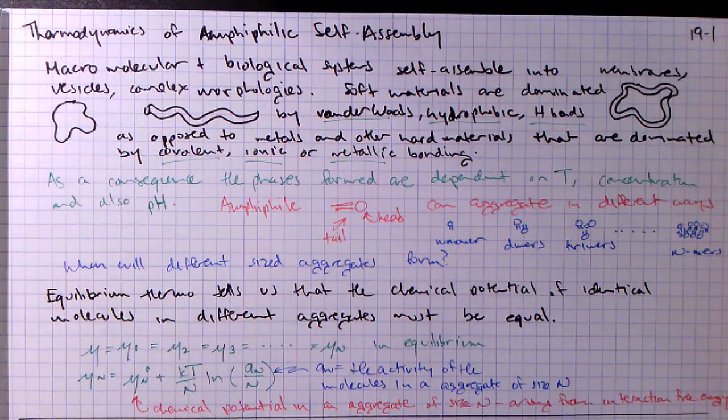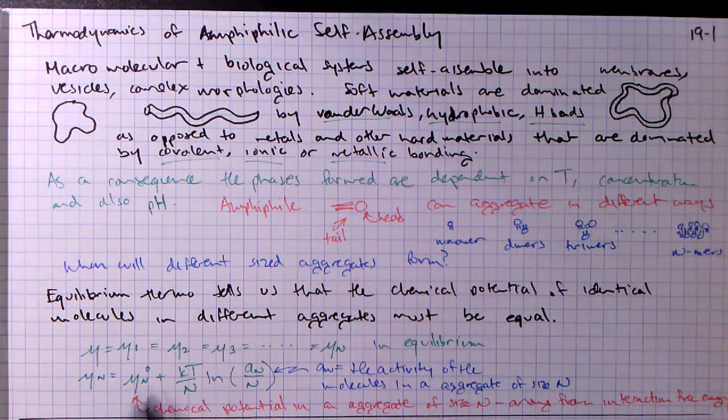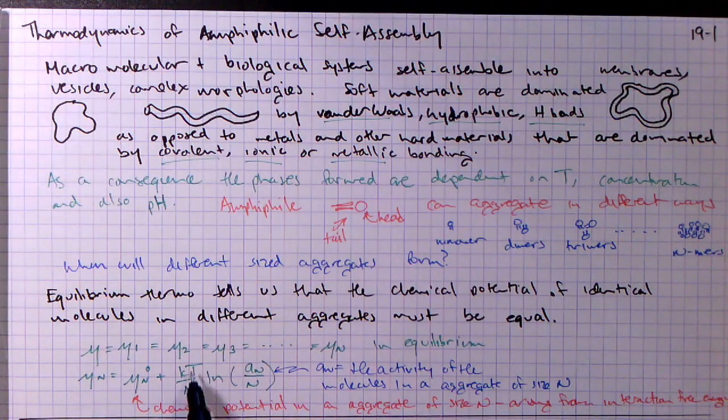So basically, the way we should look at this is that this is the term that's coming from the various kinds of bonding, the van der Waals, hydrophobic, hydrogen bonds between the molecules. How much energy does the molecule have when it's sitting in that aggregate? And this part's coming from the entropy. This part's coming from how the molecules are partitioned between the different size aggregates. And notice that we have a kT over n.